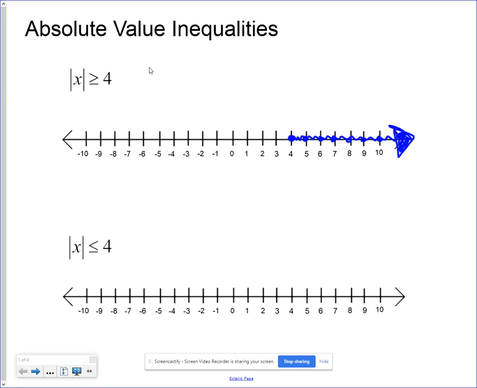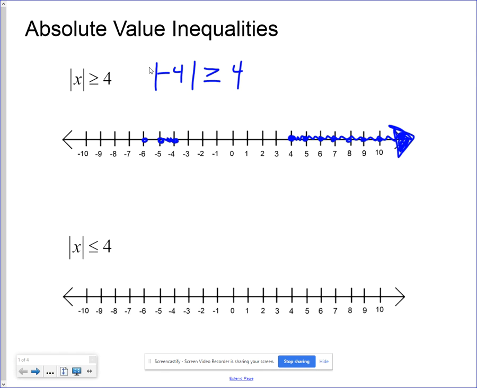Are there any negative values that would work? Well, let's try negative 4. If I substitute negative 4 in for x, is this statement true or false? It's true. So negative 4 is a solution. Negative 5 would work. Negative 6, and so forth.